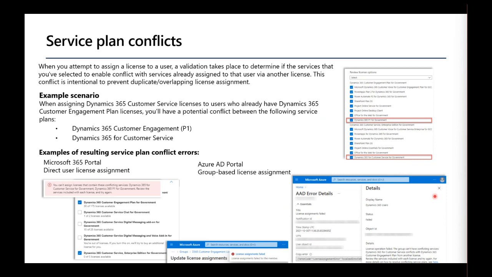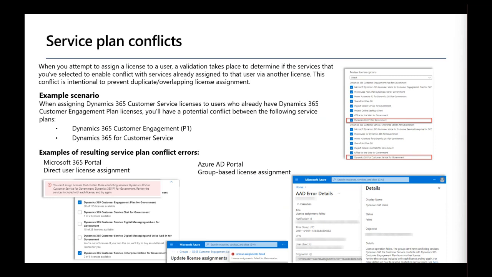These licenses will cause a conflict. The conflict is intentional and meant to prevent users from assigning redundant licensing. The bottom left screenshot shows how a conflict might appear in the Microsoft 365 portal. On the right here is how the error might appear in the Azure AD portal.